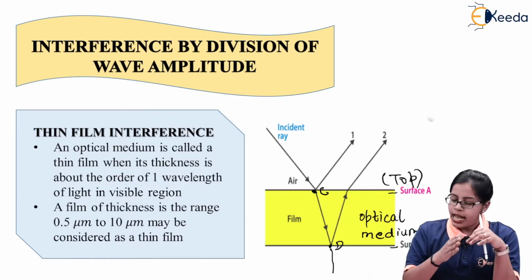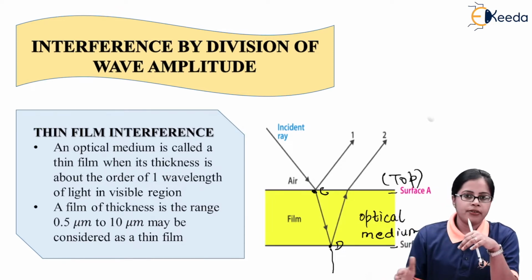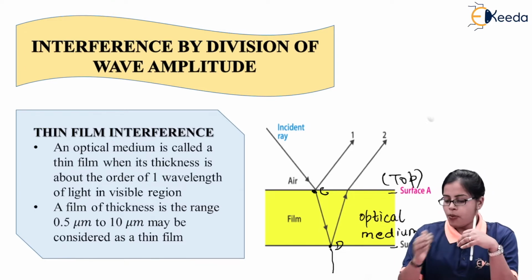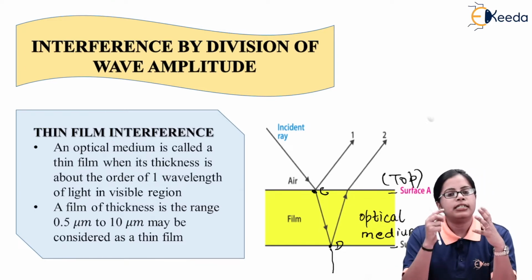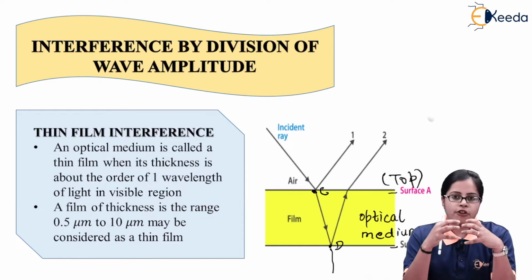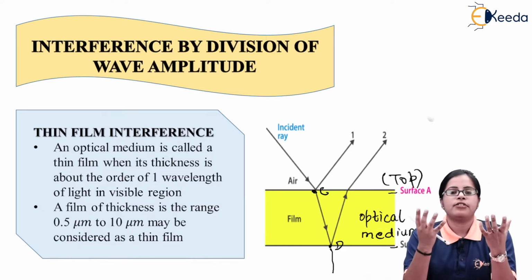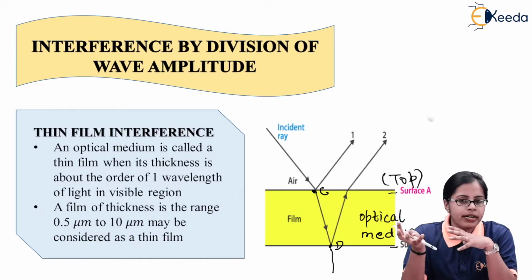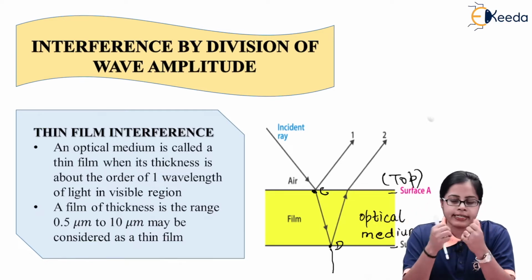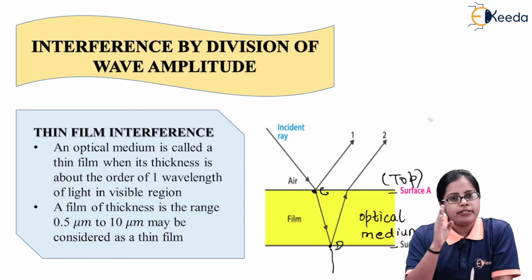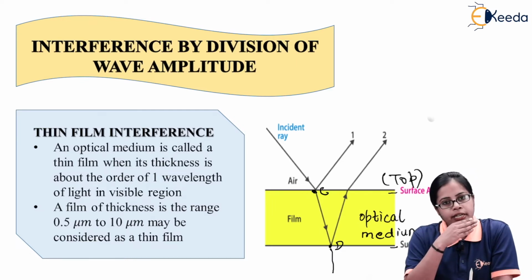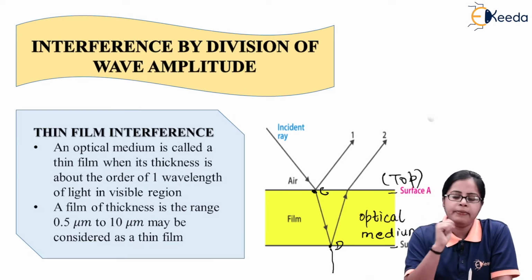That is why, as time progresses, the intensity of reflected light goes on drastically decreasing, whereas the transmitted light is not decreasing so much.